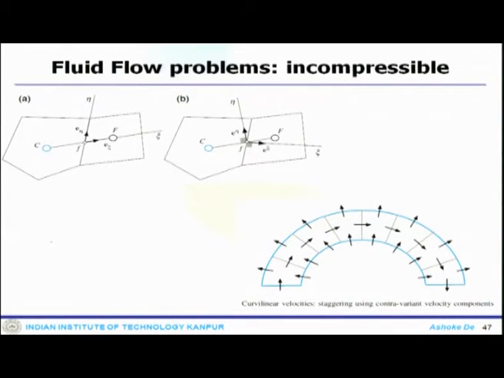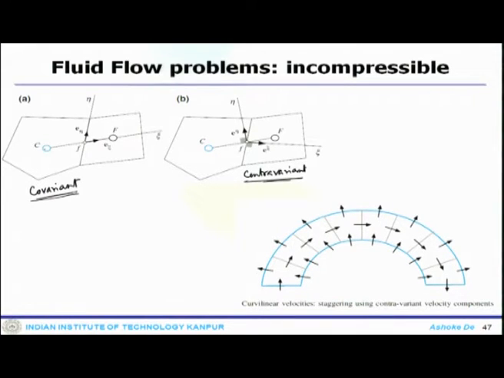Here you can see an example of a cell element, and the components shown here are the covariant component and this is the contravariant component. The covariant component goes in this direction, the contravariant in the other direction, and you can calculate them using your transformation system.